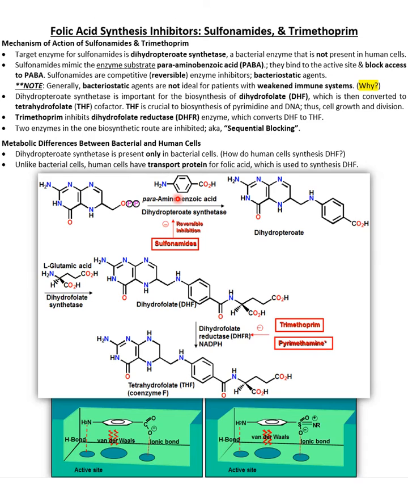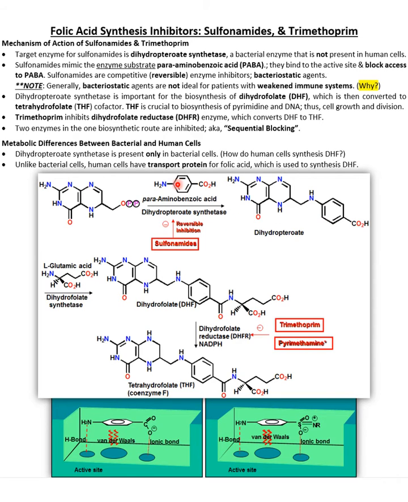So first, the sulfonamides. The sulfonamides bind to this enzyme, dihydropteroate synthetase, and block it from converting this molecule into this molecule. How does it do that? The sulfonamides mimic para-aminobenzoic acid, which is required to convert this molecule into this. As you can see, this molecule will be attached from this nitrogen and will replace the diphosphate, and you will end up having the dihydropteroate.